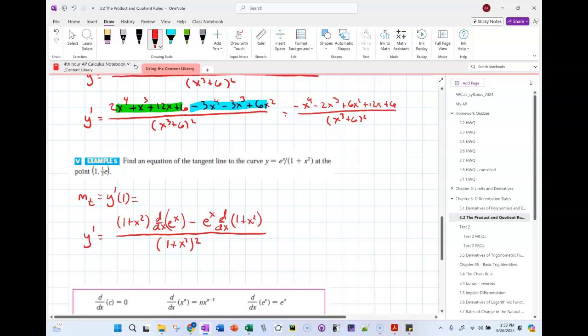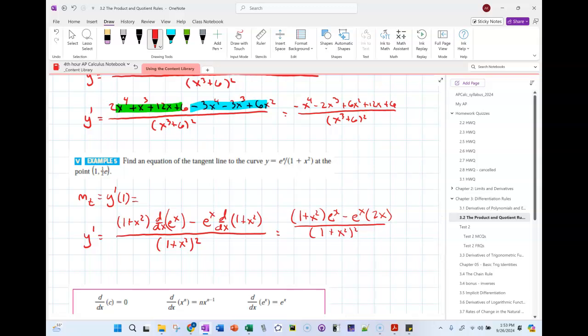Feel okay? The derivative of e to the x is e to the x. The derivative of 1 plus x squared is 2x. Very good. So far, so good.